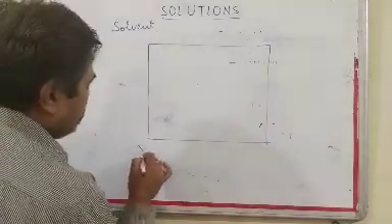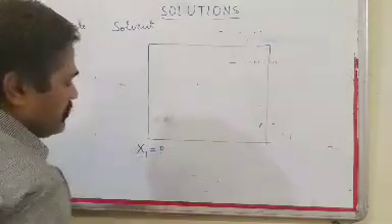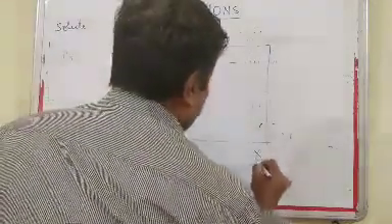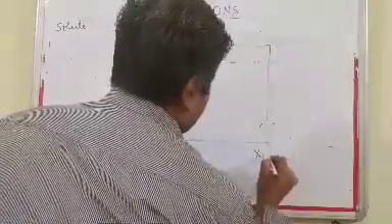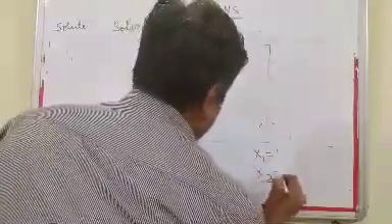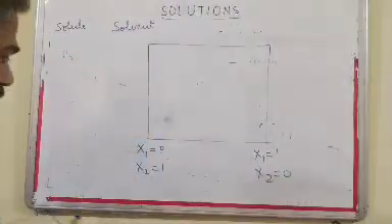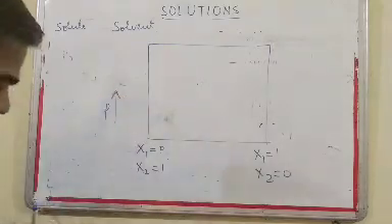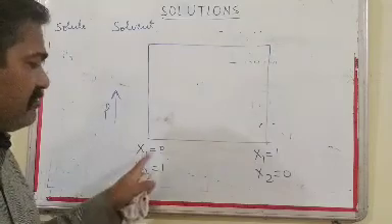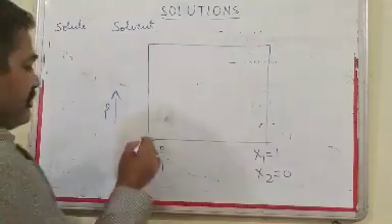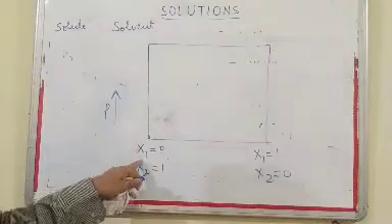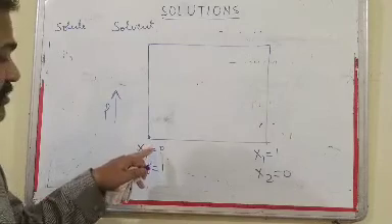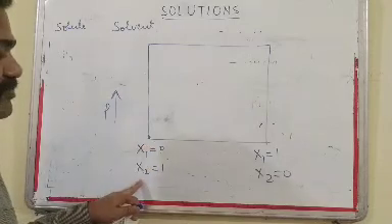Suppose here X1 equals 0 and X2 is 1, and here X1 equals 1 and X2 equals 0, and here this is the pressure axis. In this way we can say X1 is 0 means at this point the mole fraction of liquid A is 0, means here only the solute is present.